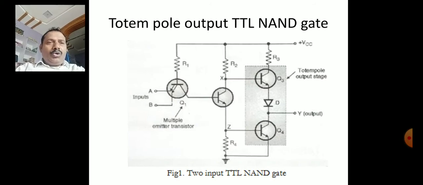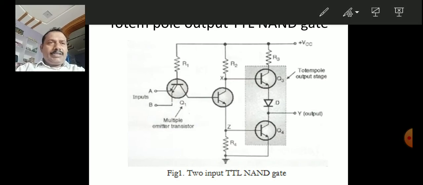It is called a totem pole because, observe here, Q3 and Q4 are connected with a diode in between. The emitter of Q3 is connected to the anode of the diode, and the cathode of the diode is connected to the collector of Q4. This configuration is called the totem pole output.